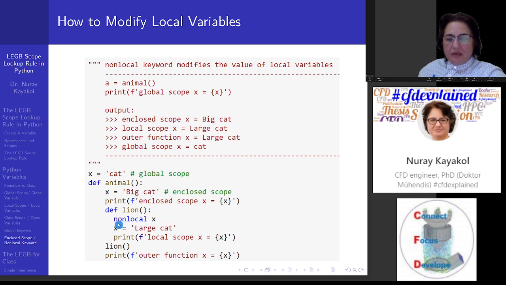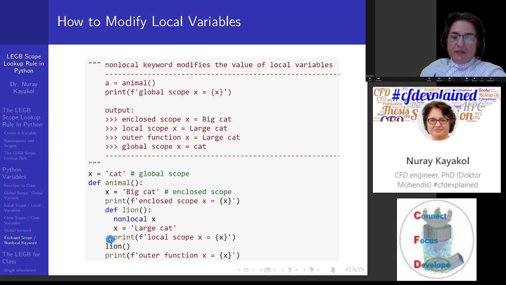But when nonlocal variable x is defined and x becomes large cat, then you see the value of the outer function x becomes large cat. So the nonlocal variable x changes the value of x in nested functions, but the global variable x is still the same: global scope x is equal to cat.